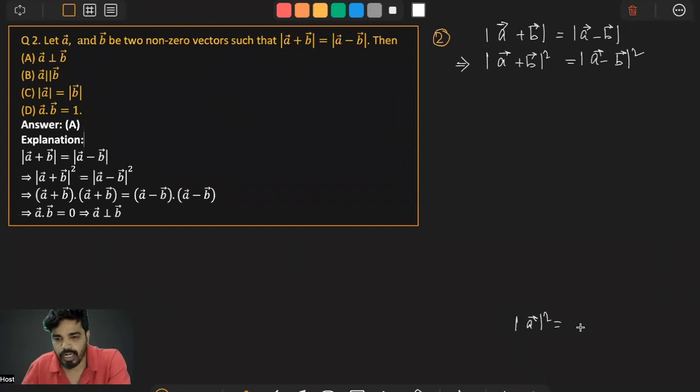What is the property? That is A dot A. Getting my point? If you consider this as alpha, modulus alpha square is alpha dot alpha.